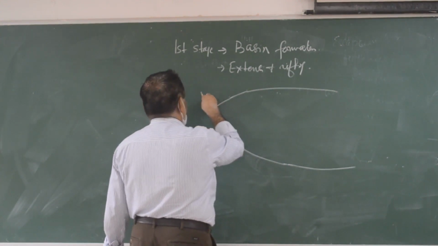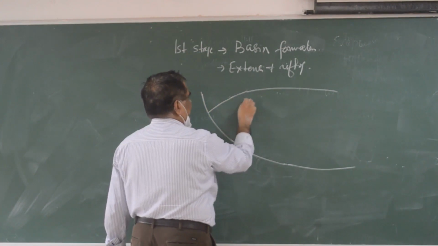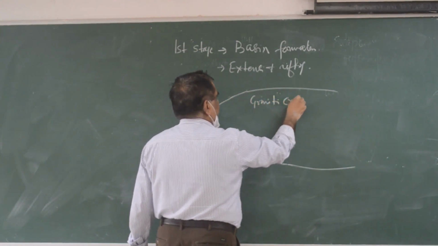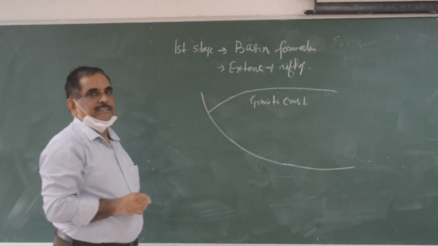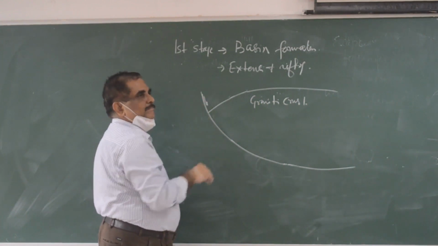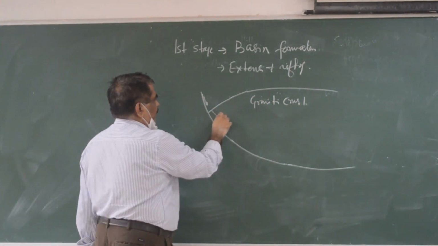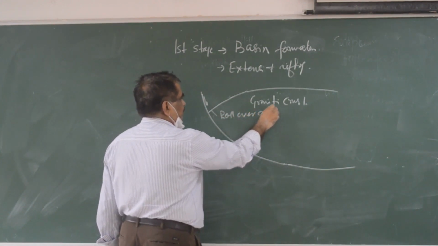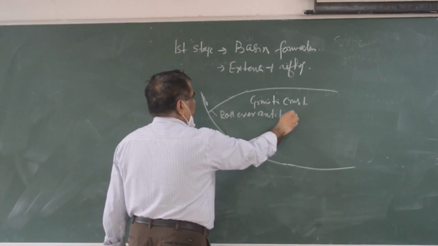Bent like this. This is the granitic crust. The granitic crust is bent like this. So here is the slip. So this is called rollover antiform. Rollover antiform. So a rollover antiform develops.